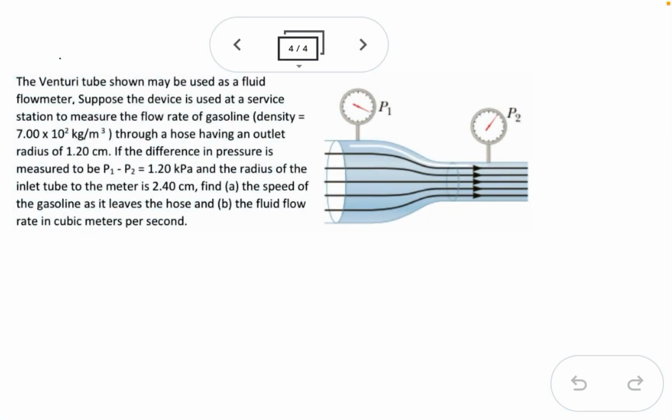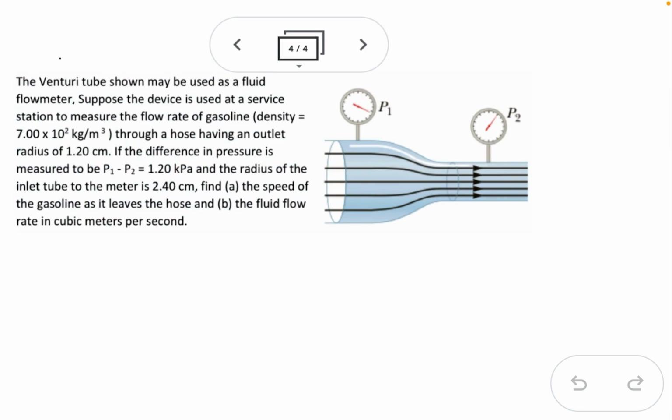Right, so we have this tube, which may be used as a flow meter. So this thing is used at a service station, and the flow rate of gasoline through a hose having an outlet radius of 1.2 centimeters.